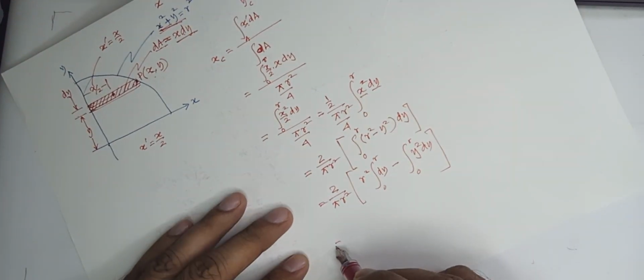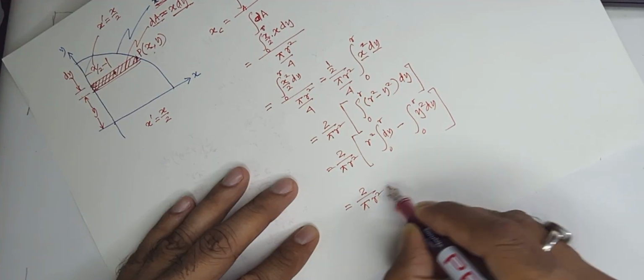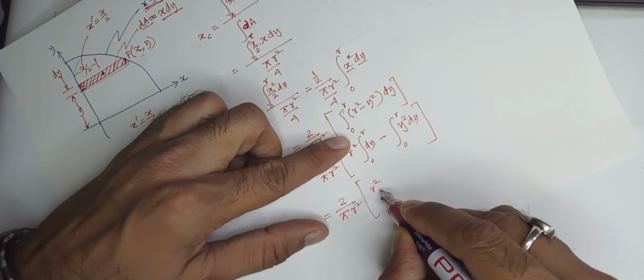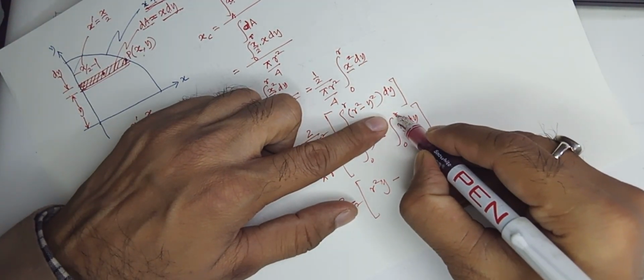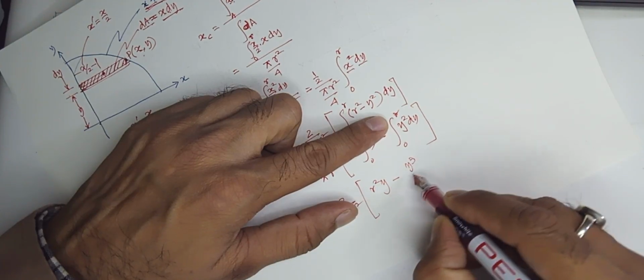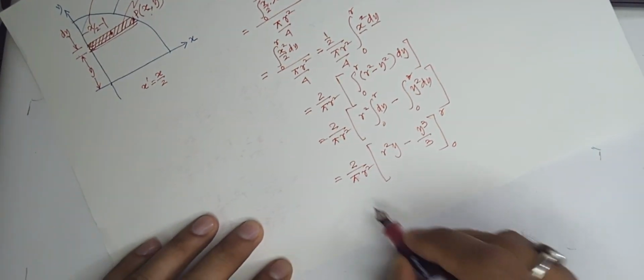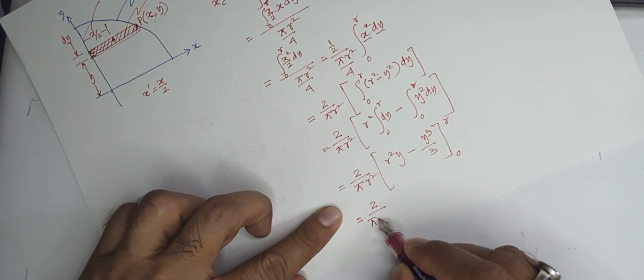Now what does it make? 2 by pi r square, times r square into the integration of dy, which means y, minus the integration of y square, which is y cube by 3, from 0 to r.